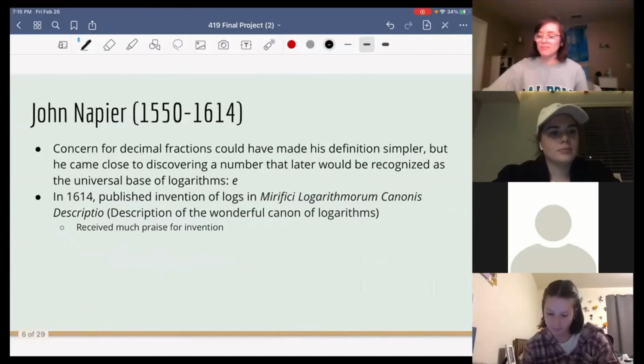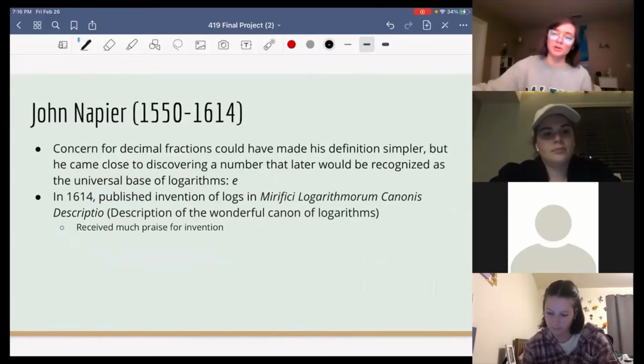All right, so Napier was kind of obsessed with decimal fractions, and he just wanted to represent everything in terms of decimal fractions. And so this concern for decimal fractions made the definition simpler, but it led him to come close to discovering e, actually, because he insisted on using this decimal representation.